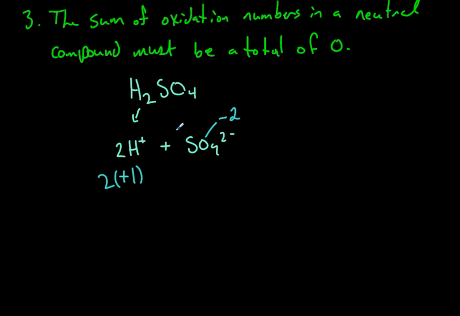So that must mean that sulfur has a +6. If you work it out, you should find that your oxidation numbers sum to 0 in this case. So +6 plus -8 equals -2. -2 plus 2 times +1 works out to 0. Are you good?